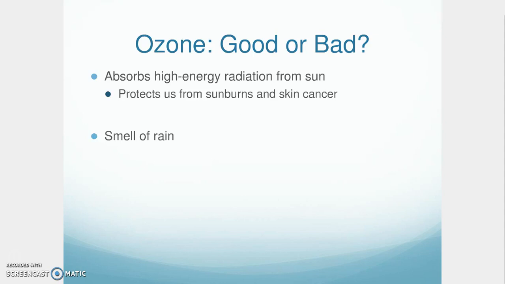So it protects us from getting sunburns and skin cancer, at least with limited sunlight. Of course, if we're out too much, there's only so much the ozone can do, and we'll still get sunburns. But if it weren't for ozone, we wouldn't be able to exist out on the surface. The high energy radiation would be too much.